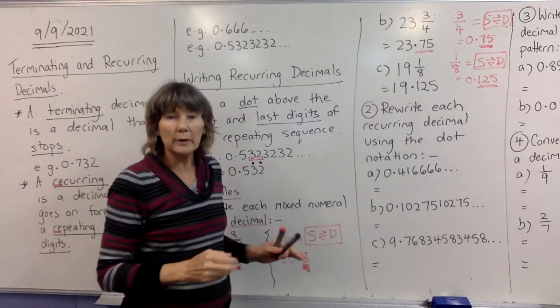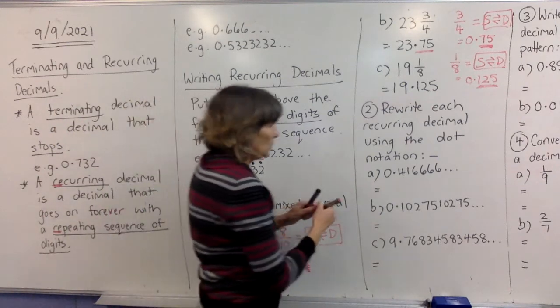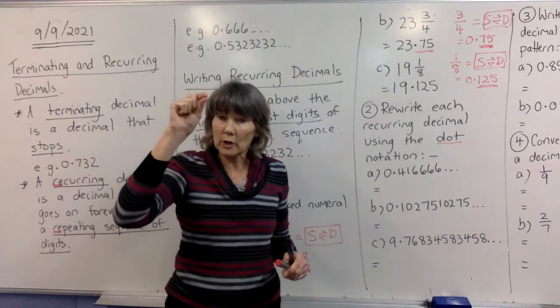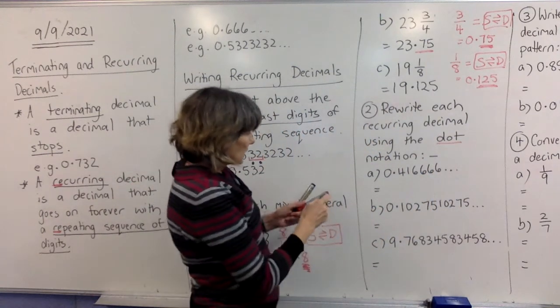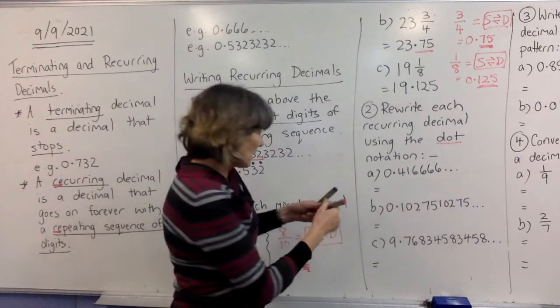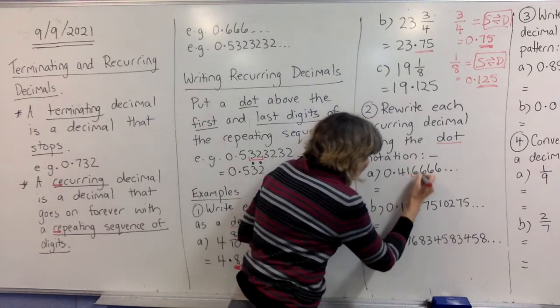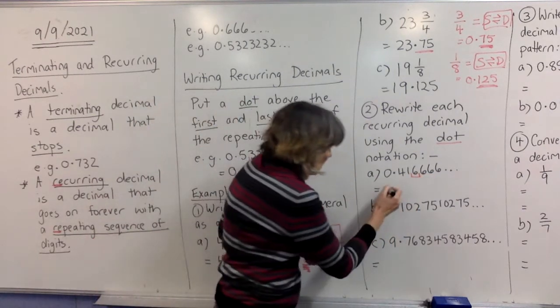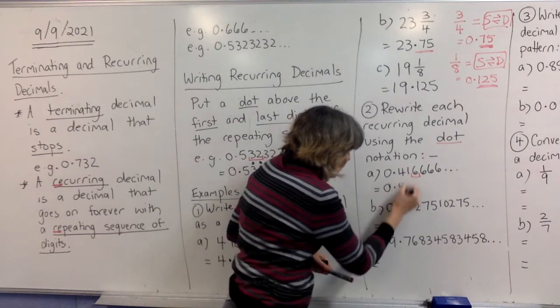This time we're rewriting each recurring decimal using the dot notation. All right, so that's where we put the dots above the digits. So let's look at this. It's 0.416666. We can see that first 6 we see is being repeated. So we write it like this, 0.41.